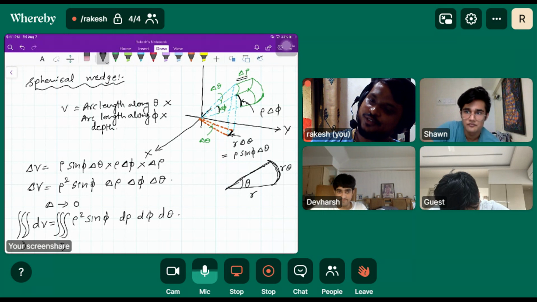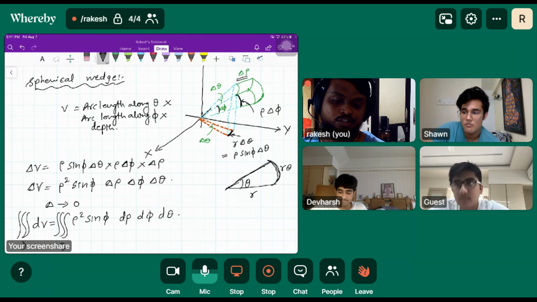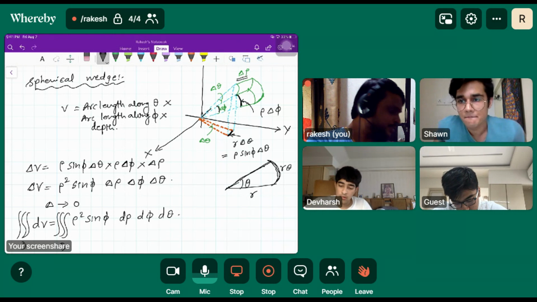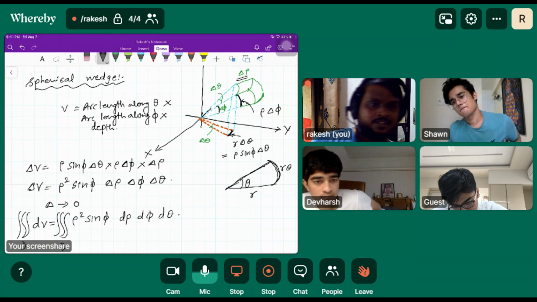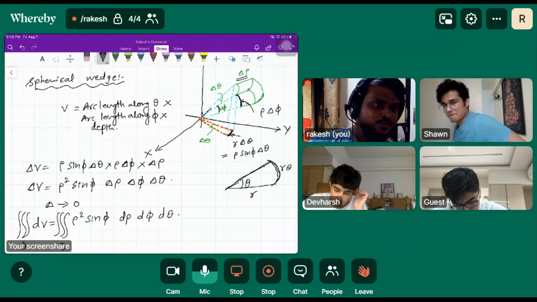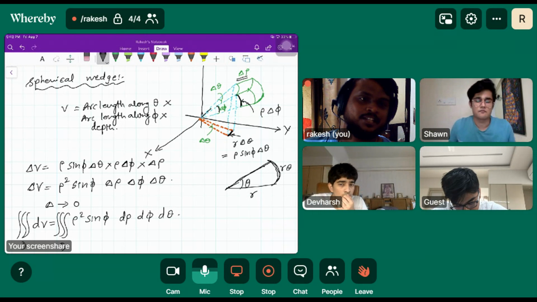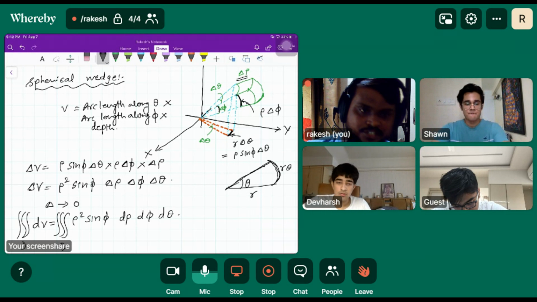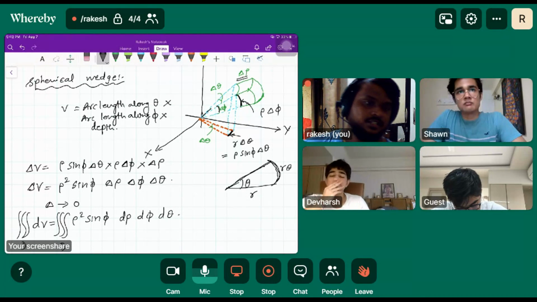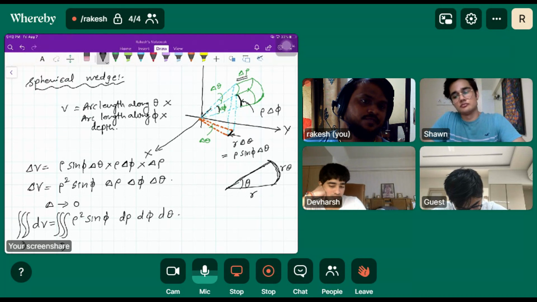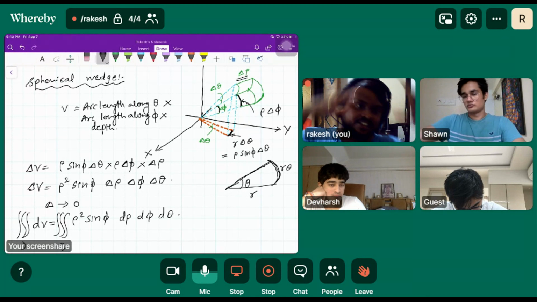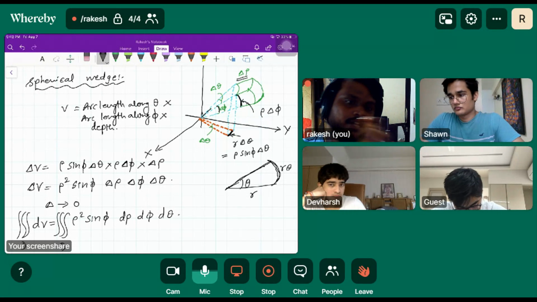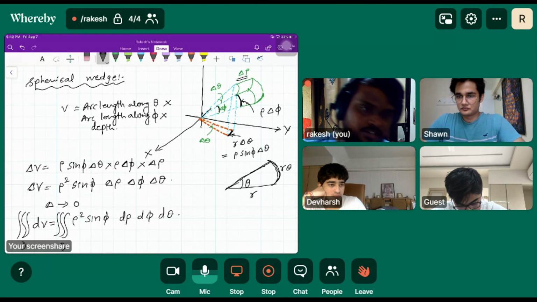Okay, so now I'll give you the question. If you don't believe me, you just apply the cylindrical coordinate system or rectangular coordinate system if you want, and check that cracking a triple integration for a spherical region is very much difficult by solving them by a rectangular or cylindrical coordinate system.